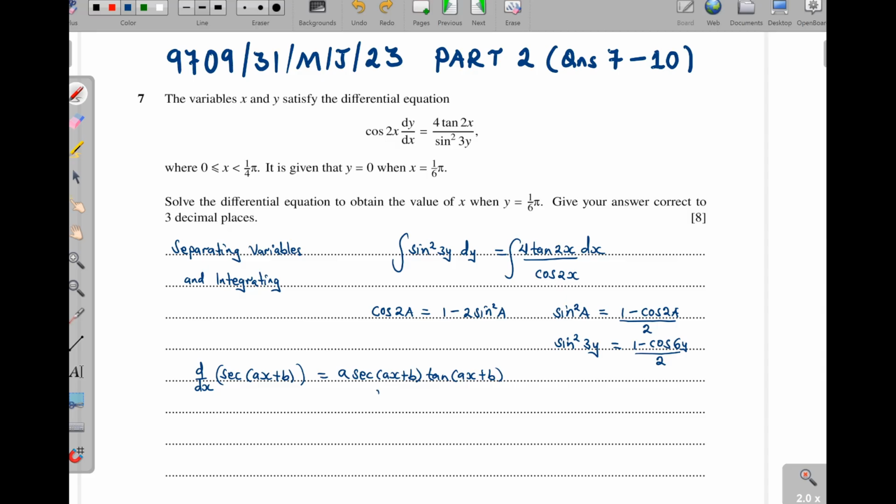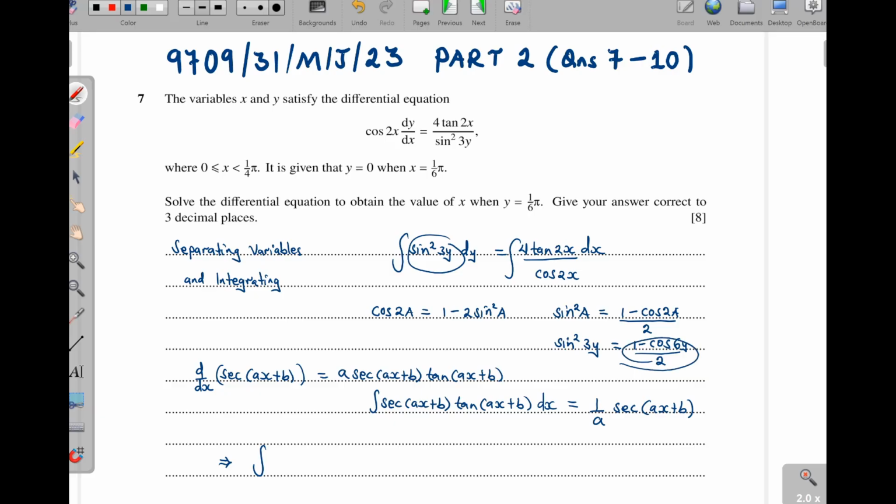So I can say the integral of this one here, the whole of this, with respect to x shall be equal to, remember this a has gone this way, so it will be 1 over a, then the secant of ax plus b.